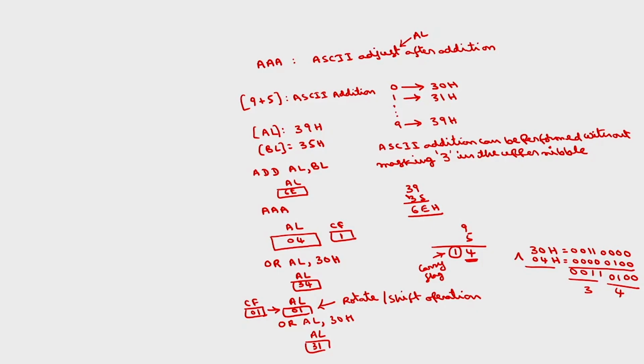Similarly, we can have ASCII adjust after subtraction. You can write after or for, it is no problem, normally for. In a similar manner, no need to explain this.